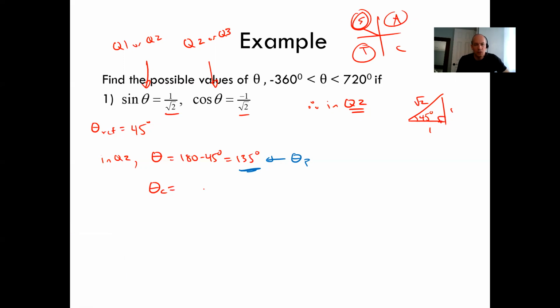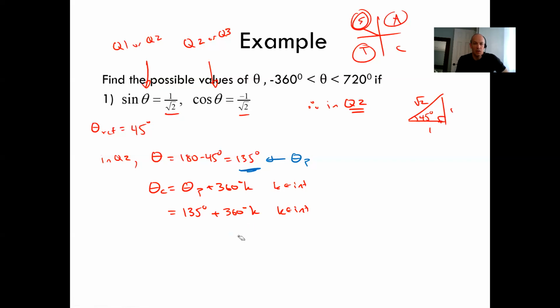So now we can say the coterminal angles, which are the principal angle plus any multiple of 360, where k belongs to the integers. So it's 135, and we can add 360 degrees as many times as we want. Now we have to deal with the domain. If it wasn't there, we'd have an infinite number of answers, and leaving it in this general form would be fine.